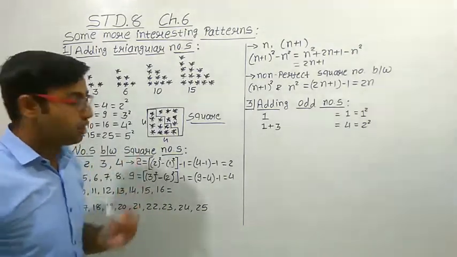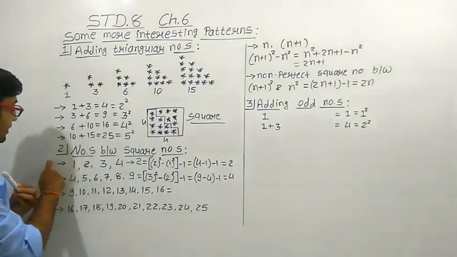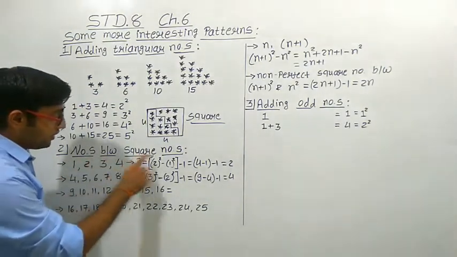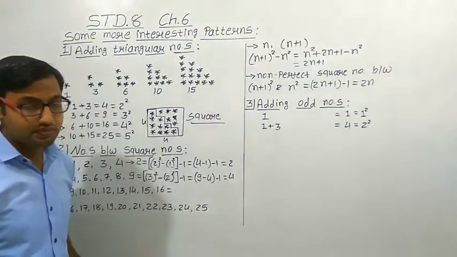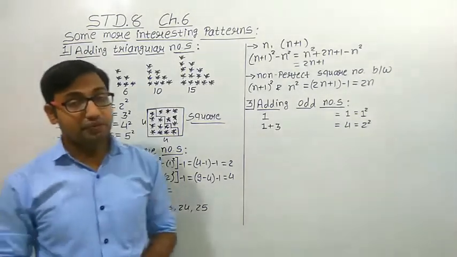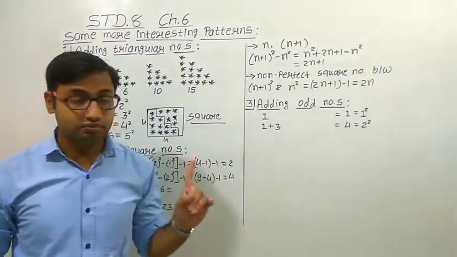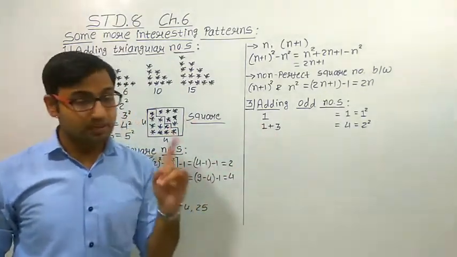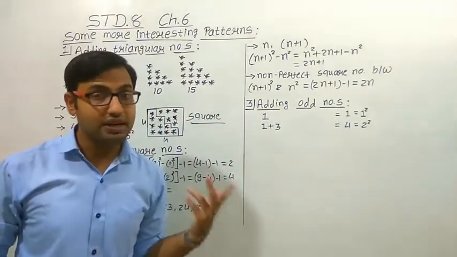Understand? Okay. Let us understand the second property, second pattern. That is numbers between square numbers. Here we know that perfect square numbers are 1, then 4, then 9. So in between 1 and 4, how many numbers are there?